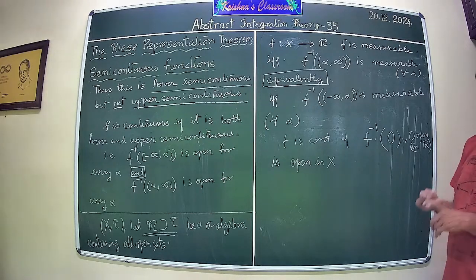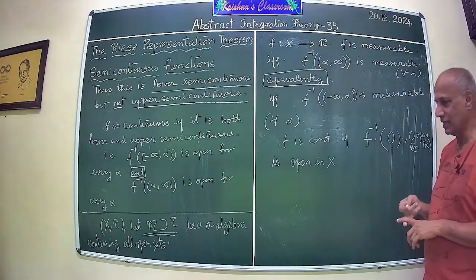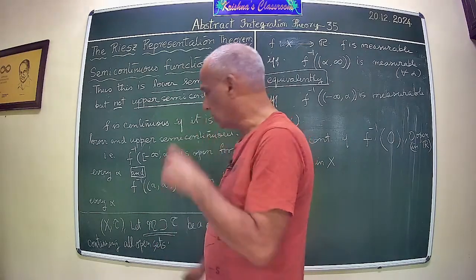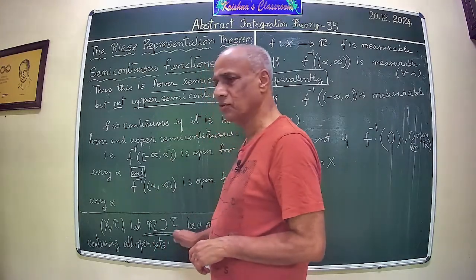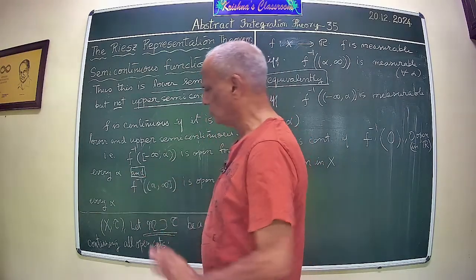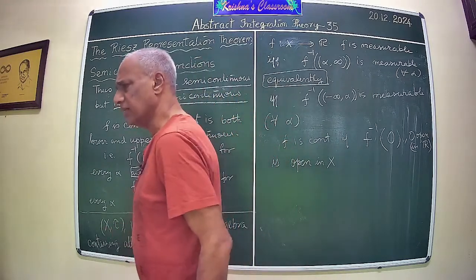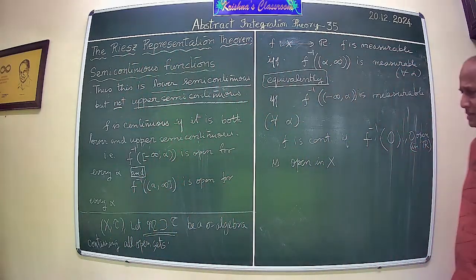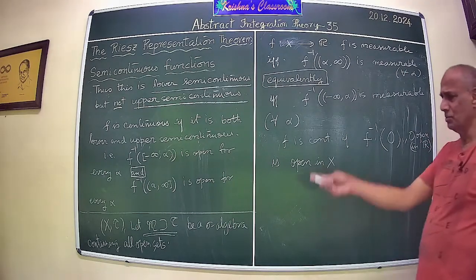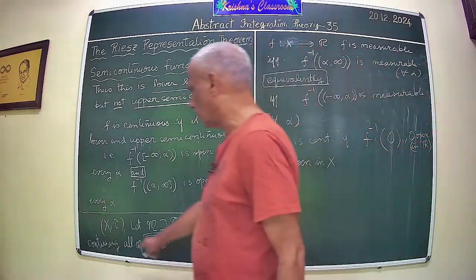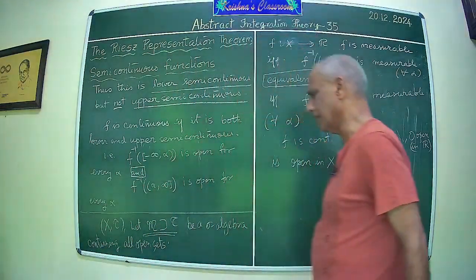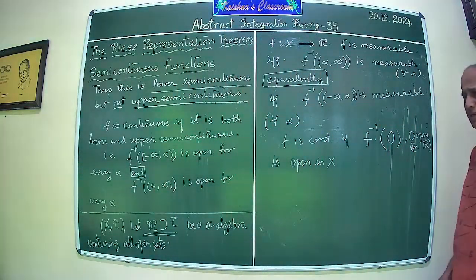Now, this is one reason why we choose a sigma algebra which contains the open sets. Whenever you are working on a topological space, okay, there are situations in measure theory where you do not have any topology defined on X, or you don't need any topology on X, and then you can develop a theory on that.